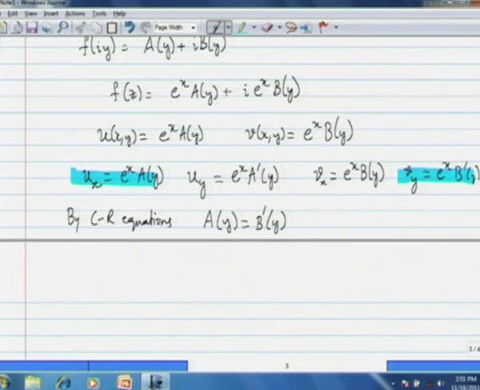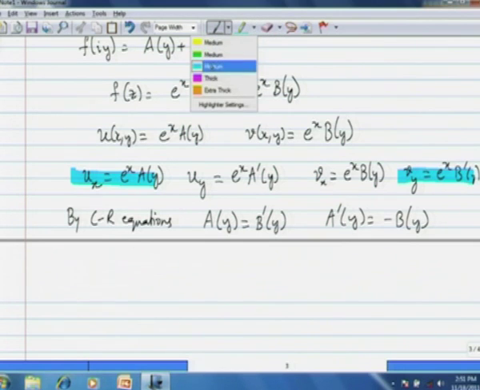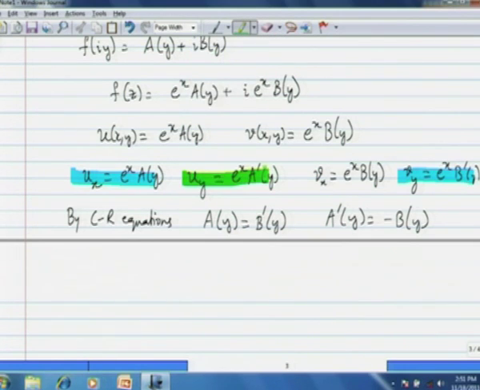And a prime of y should equal minus b of y, by the second equation, that u y is minus v x.